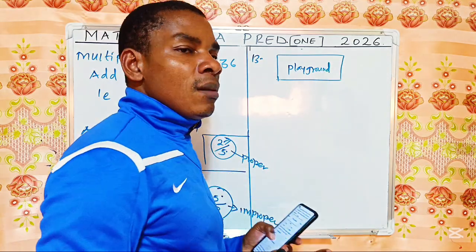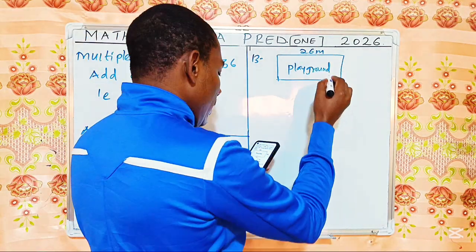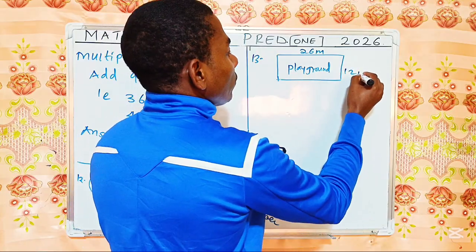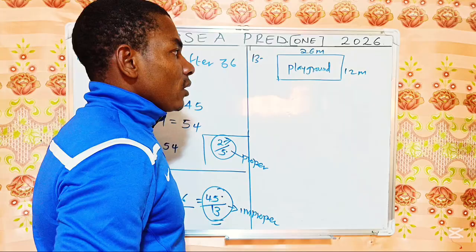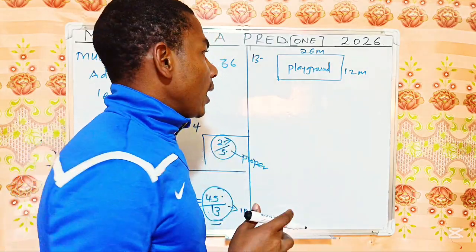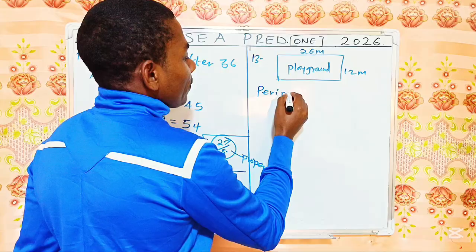This side we have 26 meters. The other side is 12 meters. We want to use this to calculate the distance around the figure, and the distance around the figure is the perimeter.